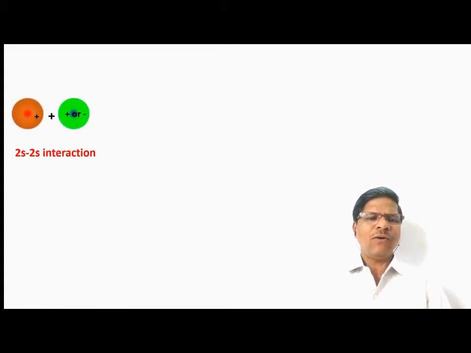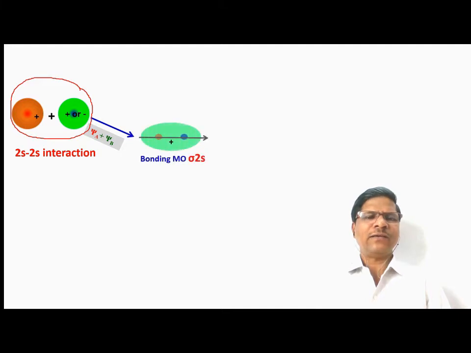Okay, so already you are familiar with this interaction. So we have the 2s-2s interaction. We have these 2s atomic orbitals of the two atoms. They will interact with each other. In phase interaction, we get the bonding molecular orbital, psi A plus psi B. This is the in phase interaction, and we get the bonding sigma 2s molecular orbital.